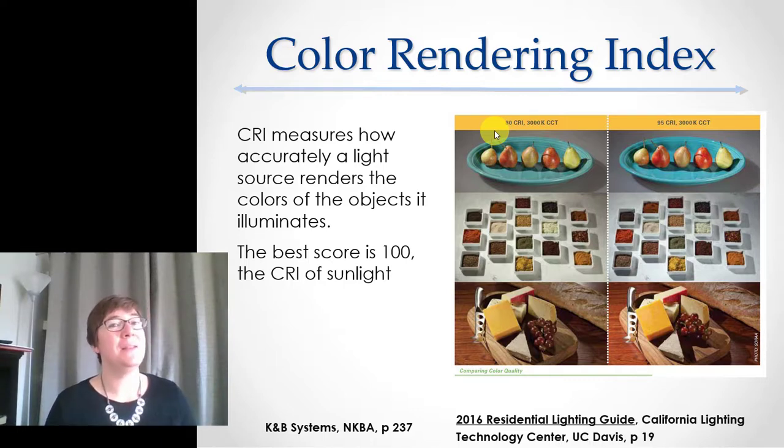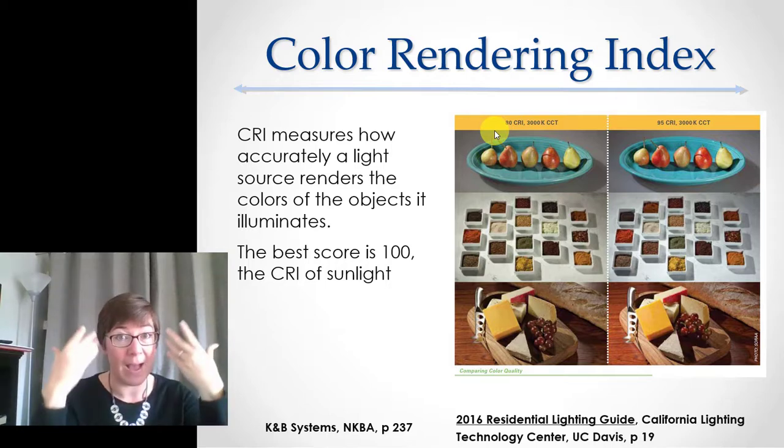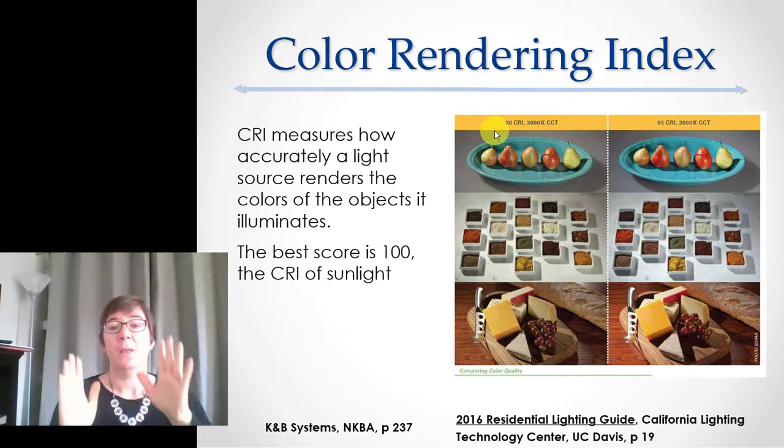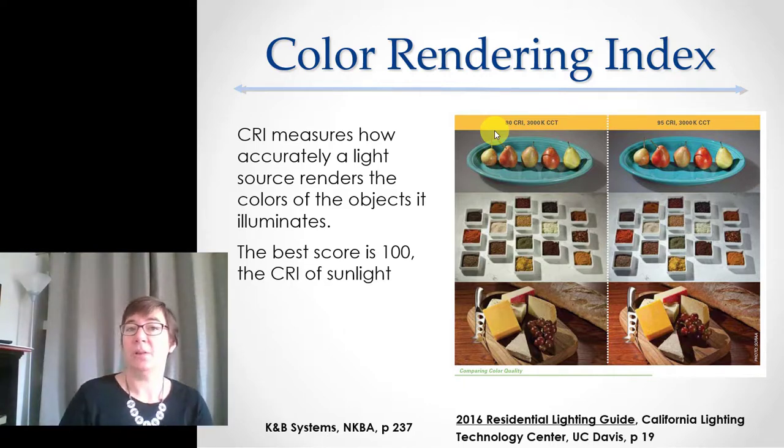Because we humans evolved on this planet and our eyes have evolved to work with the light of our sun. Right? So we think that that has the absolute best color rendering index, and so we'll compare other light sources against that standard. So in your residential lighting guide, it's got a couple of examples, this illustration right here.